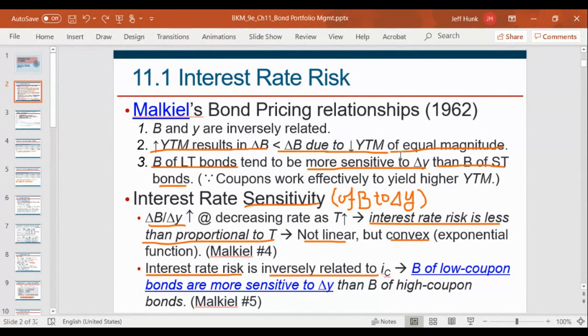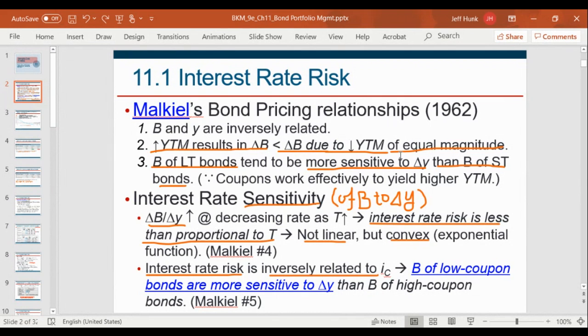The longer the maturity, the greater the chance of unexpected interest rate fluctuation. There are more chances of unexpected interest rate fluctuations. Hence, it's also called maturity risk.